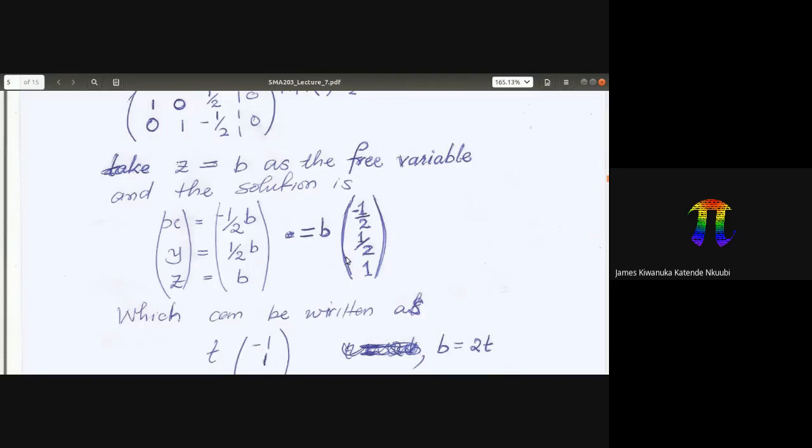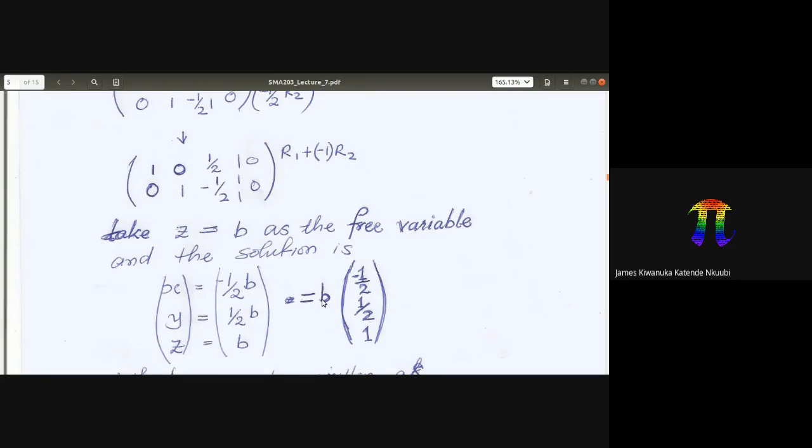This is a solution to the homogeneous system that we set up, and any vector that looks like this will be a solution to the system, and also will be in the kernel. So you can get any vector in the kernel simply by fixing a value of b. Any value of b that you fix here should give you a vector in the kernel.